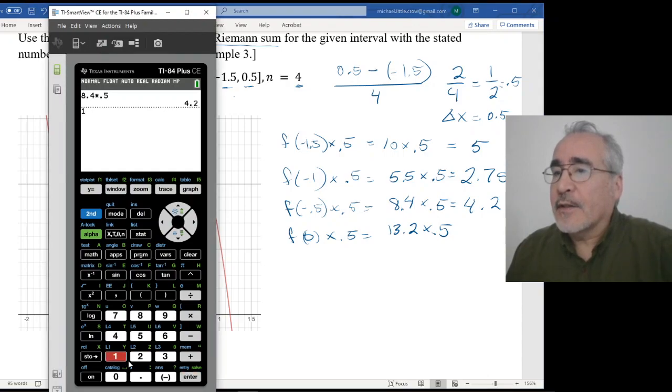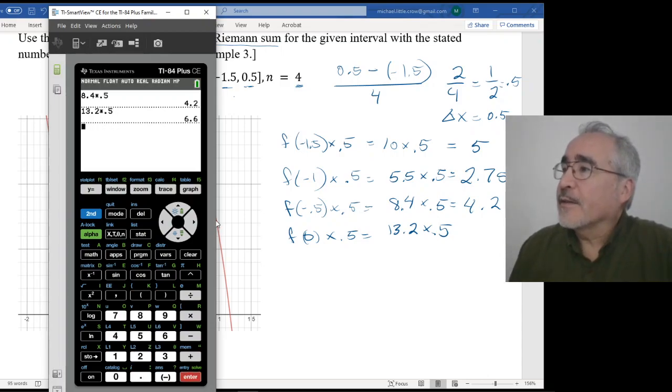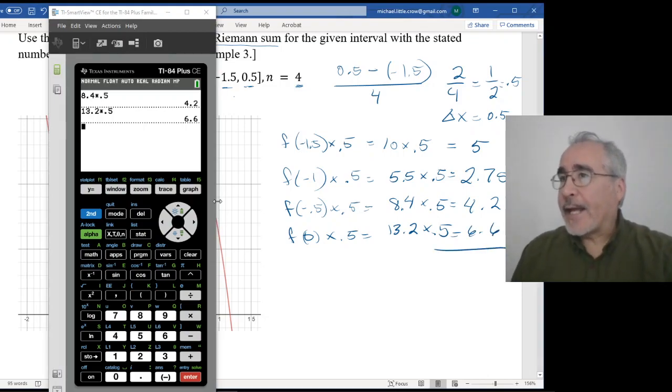And then we're going to have 13.2 times 0.5, 6.6. Add them all together, so 5 plus 2.75 plus 4.2.